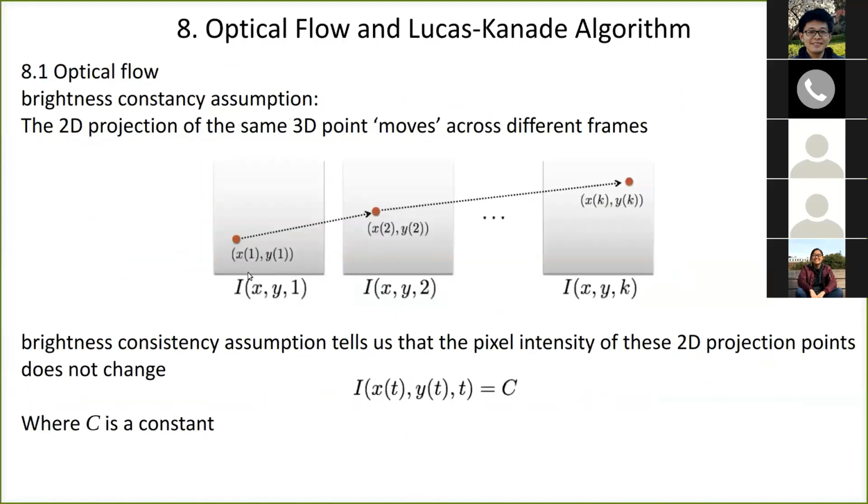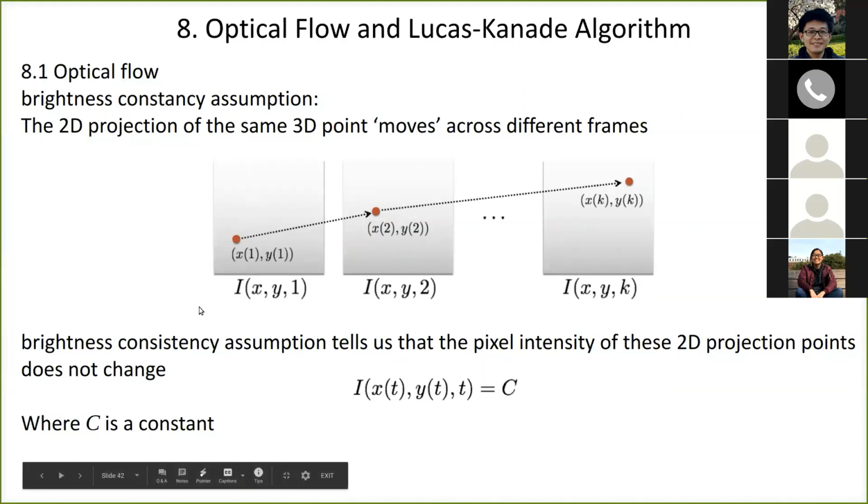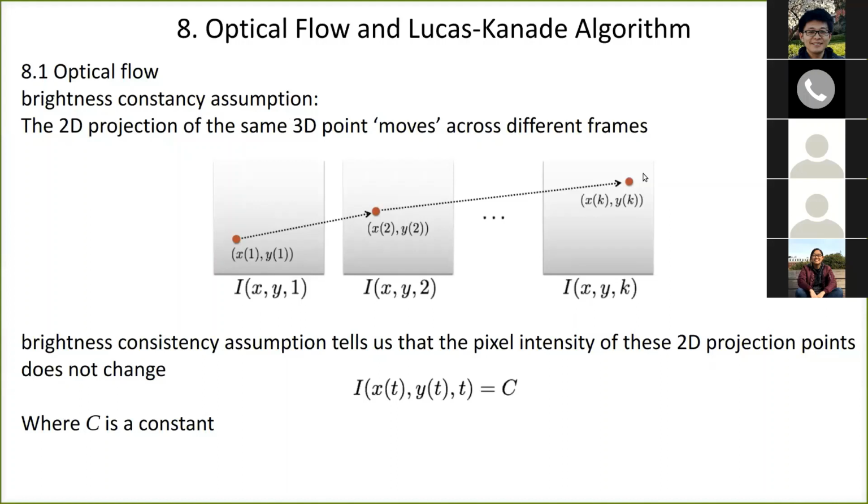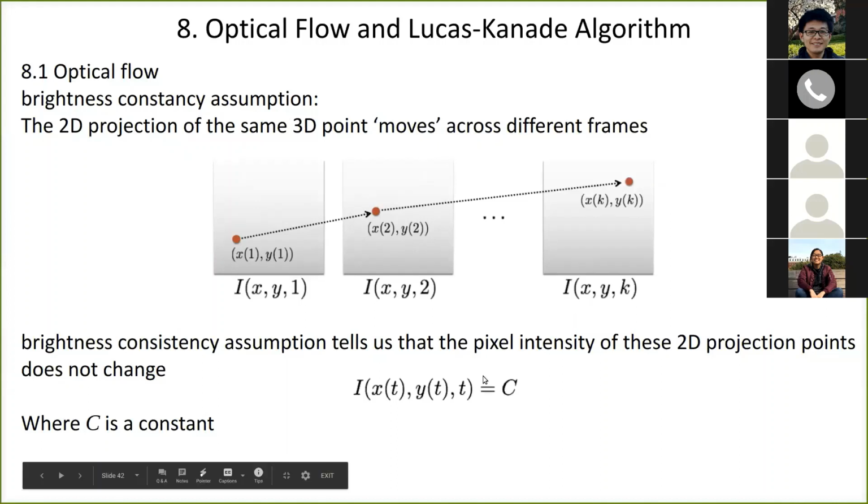So we will talk about the Lucas-Kanade algorithm briefly. Imagine we have more than one frame: frame 1, 2, up to K. So we have some of the correspondences. We have the brightness consistency assumption, which says the pixel intensity of the 2D projection points does not change. That means the intensity of this point and this point remains constant.